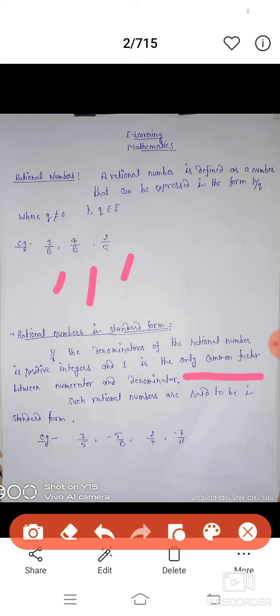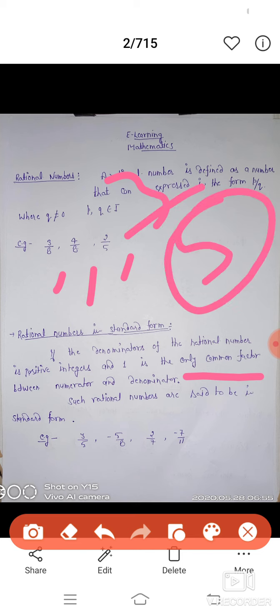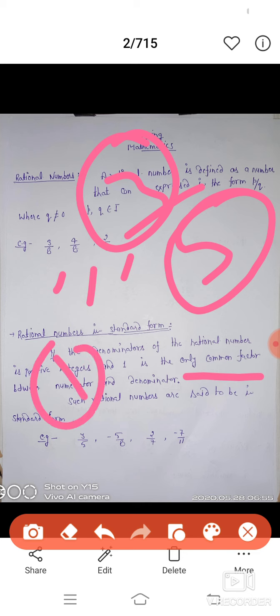In 3 upon 5, this 5 is the denominator and this 3 is known as the numerator. Then the denominator must be in positive form. The first condition is that the denominator of the rational number is a positive integer. This is the first condition, and the second condition is that 1 is the only common factor between numerator and denominator.